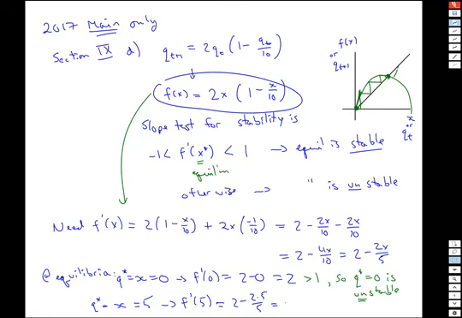That turns out to be exactly 0. And that's between -1 and 1, so it's a stable equilibrium. And again, that should match what you found on the cobwebbing diagram done earlier.